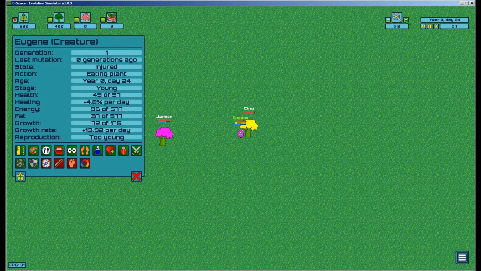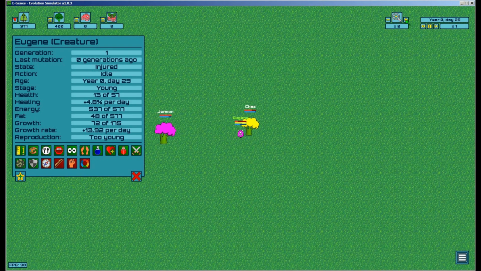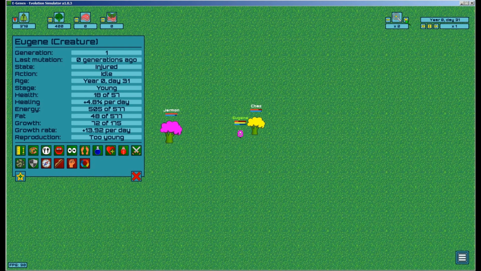Looks like Eugene found his first meal, a giant yellow broccoli. Because he's not hungry anymore, he's sitting next to the broccoli.